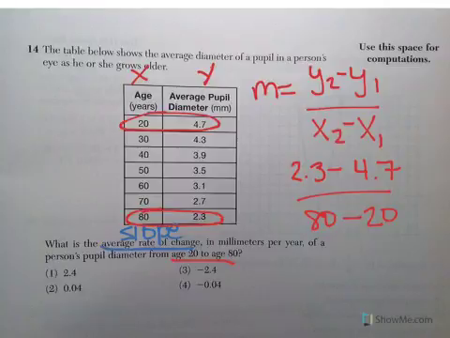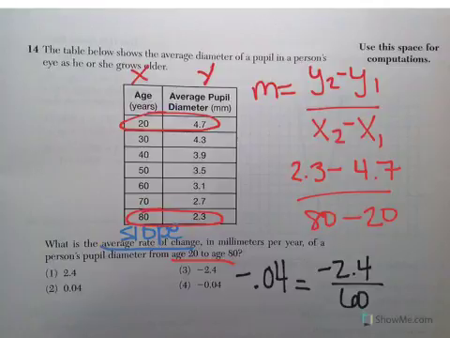And I'll end up with, in my numerator, a negative 2.4 divided by 60, which turns out to equal a negative 0.04, which is choice 4.